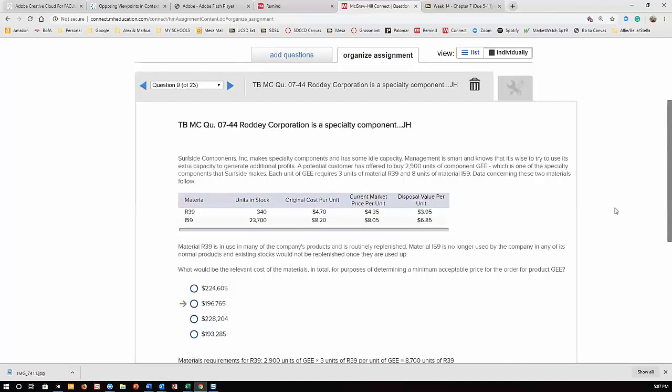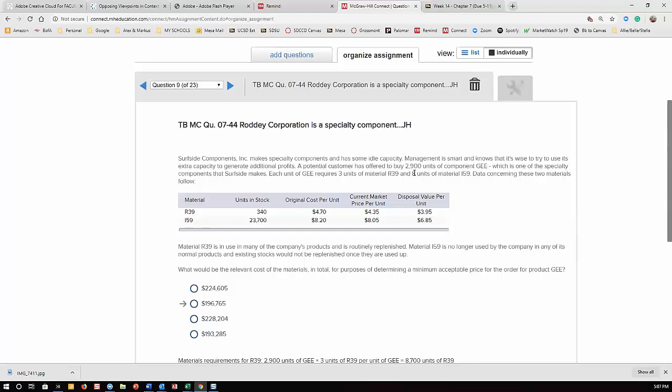For this particular problem, they've offered to buy 2,900 units. For each unit, 3 units of material R39. So I'd take 3 units times the R39 at $4.35 times the 2,900 units, and then I'd add the 8 units of the I-59.